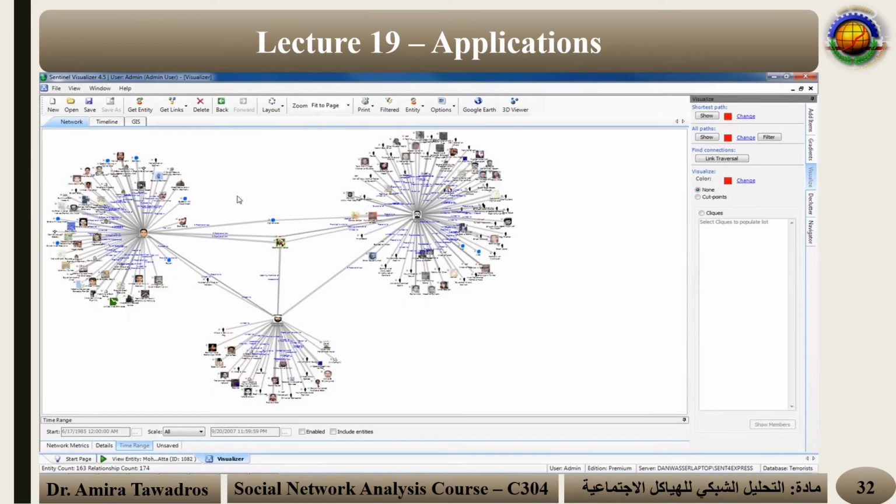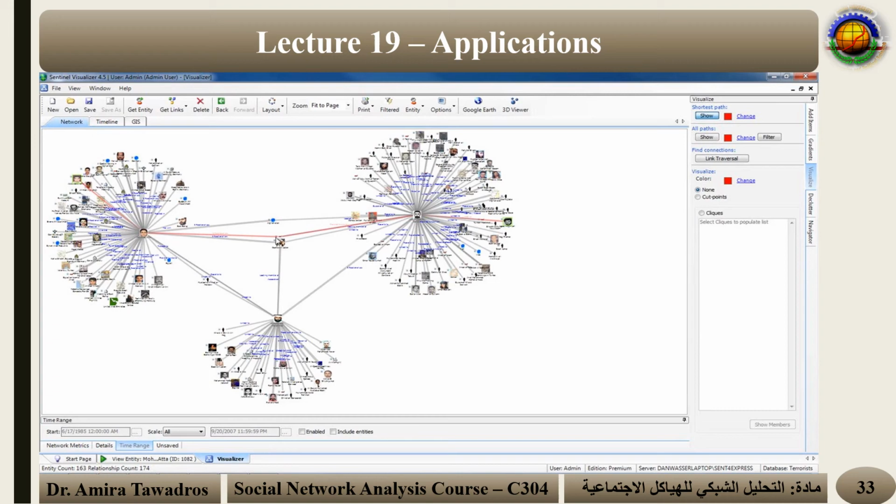Returning back to our software and to the tabs at the right hand side of the Sentinel software, we discussed the gradient tab, and we saw how it can be used to make gradient colors for nodes based on different centrality measures. Now we also have a shortest path tool.